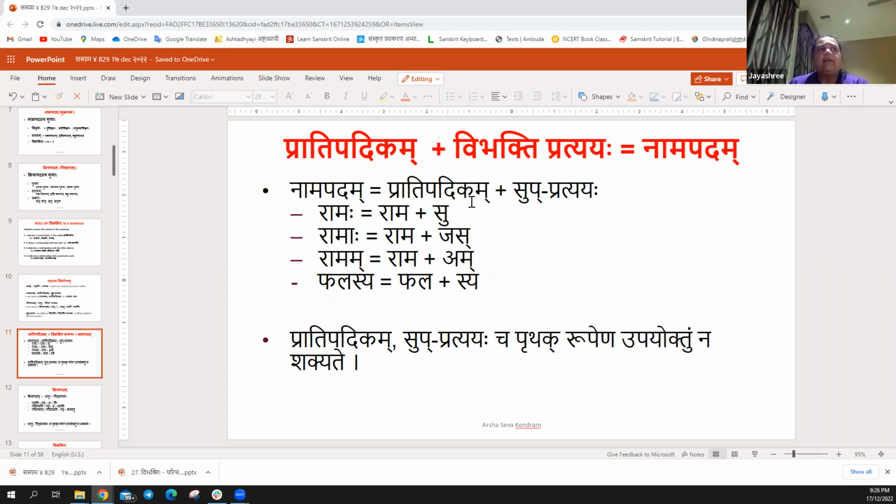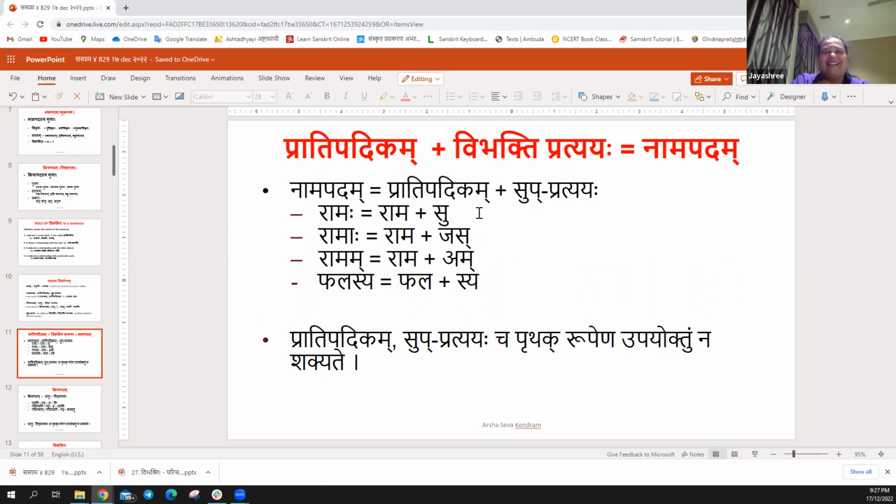Here, if you take only Pratipadikam, a word can't be formed. When you take only that root, a word can't be formed. Can a word be formed with Pat? Aham Pat.